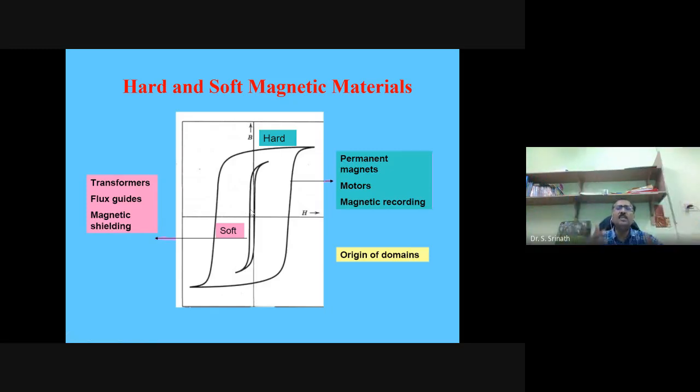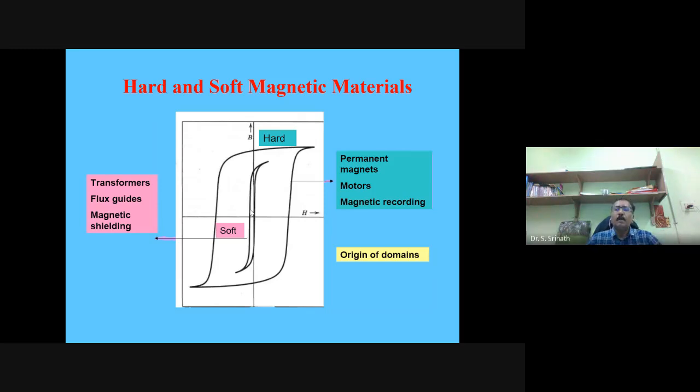These materials are very good for transformer cores, and since they are soft, magnetic field lines can penetrate through easily, so they are very good shielding materials. For example, when a phone is brought close to another phone, you will see an interference. This electromagnetic noise can be avoided if you shield the device with a highly permeable material.